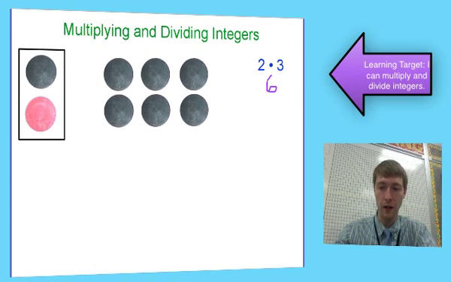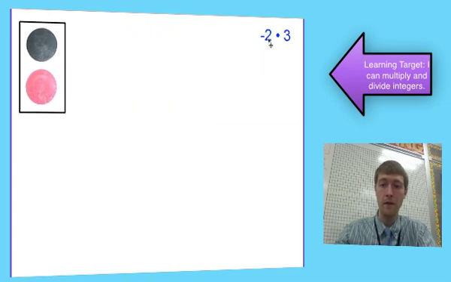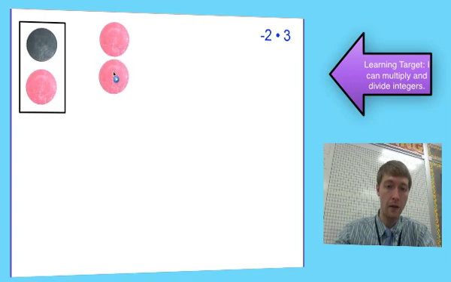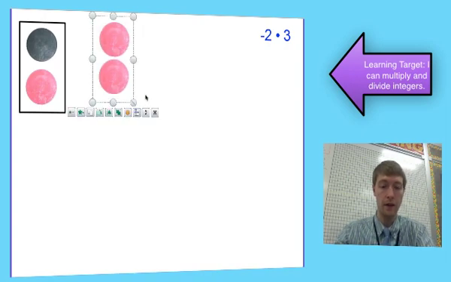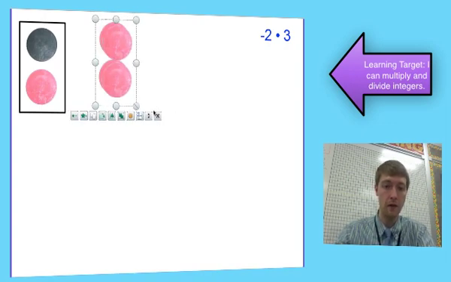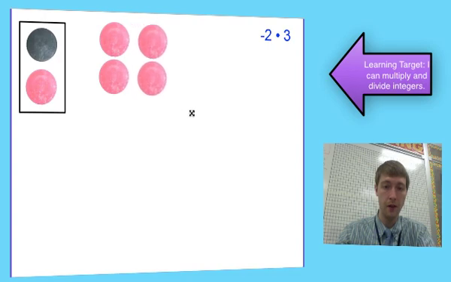So we're going to use that whole thought of repeatedly putting together groups when we deal with the negative. So here I have -2 times 3, or if you prefer, we could put the negative on the 3 as well. Doesn't really matter. But I'm going to take my -2, and I'm going to make 3 groups of those. Now think about what we're doing. Here we have -2 plus -2 plus -2.